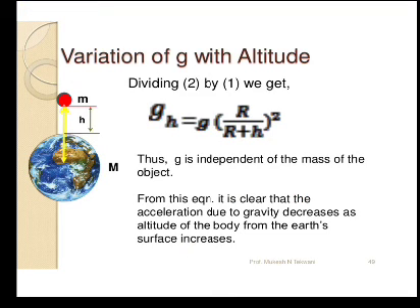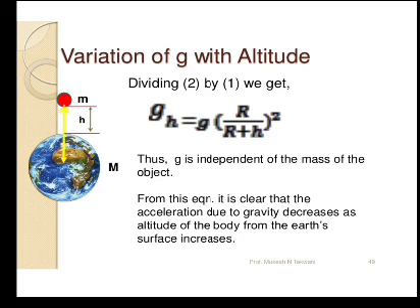Then the variation of g with the height: we get the equation in the previous slide, gh equal to g into bracket R upon (R plus h) square. The g is independent of the mass of the object. Any object of any mass, the value of g does not depend on that mass.